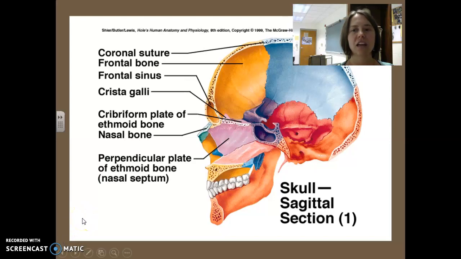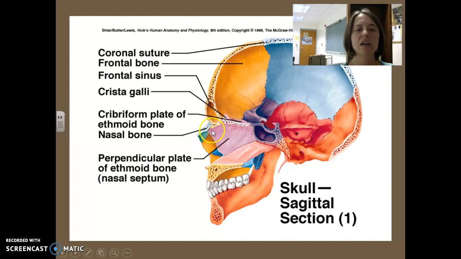A sagittal section, if you remember, would go through your skull in left and right sections. So in yellow is the frontal bone, and in blue is the parietal bone, the occipital bone, the temporal bone, and then in dark purple would be the sphenoid bone, and in pink, the ethmoid bone.